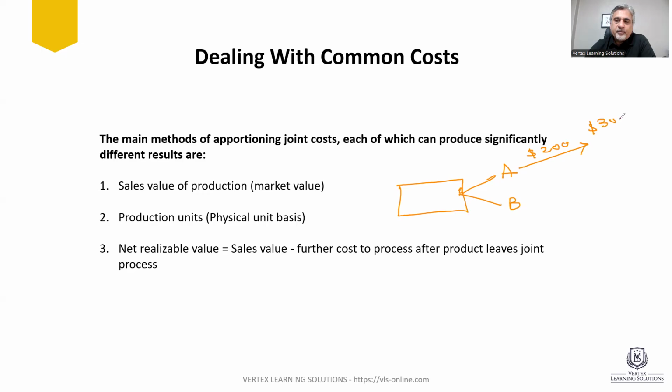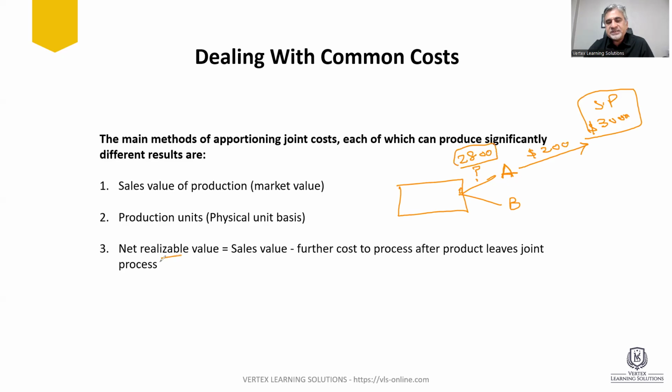So I don't know what the cost is here, but I only know that whatever A I get, I will do some further processing. I will spend another $200, and after spending $200, I will be able to sell it for $3,000. So from 3,000, if I subtract 200, I can say its value is 2,800 here.